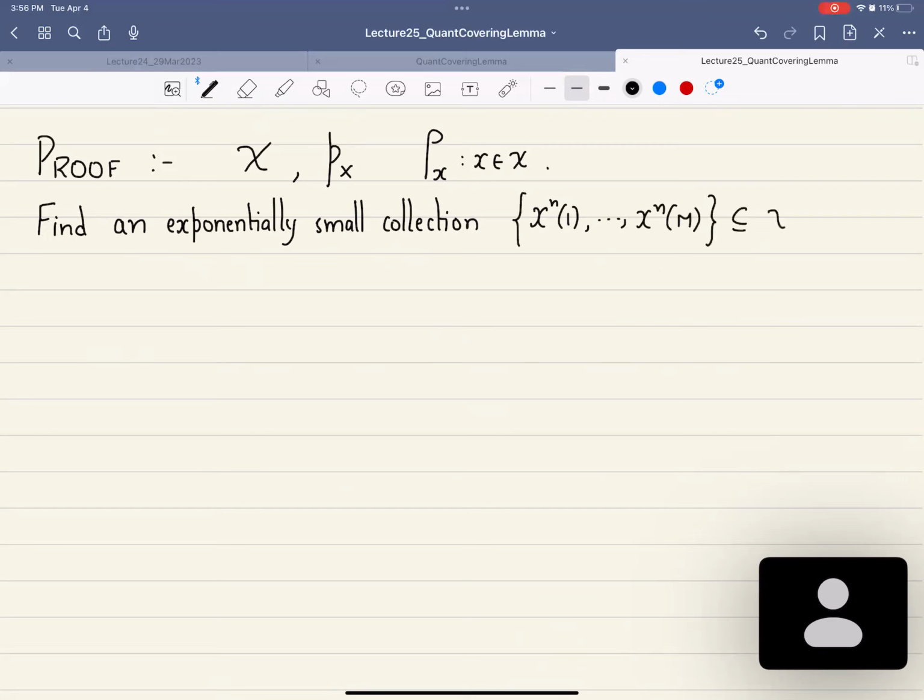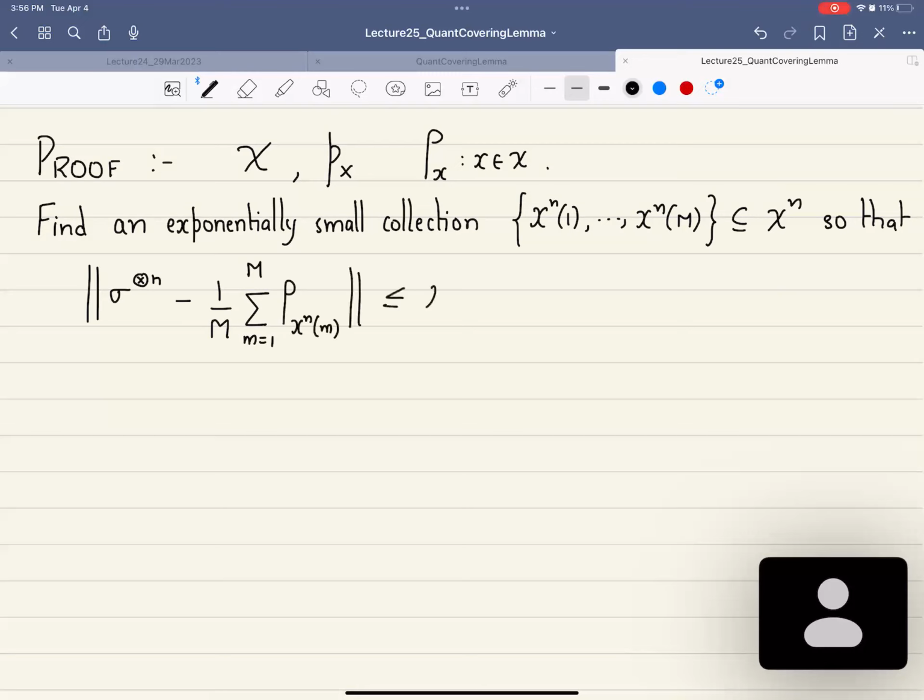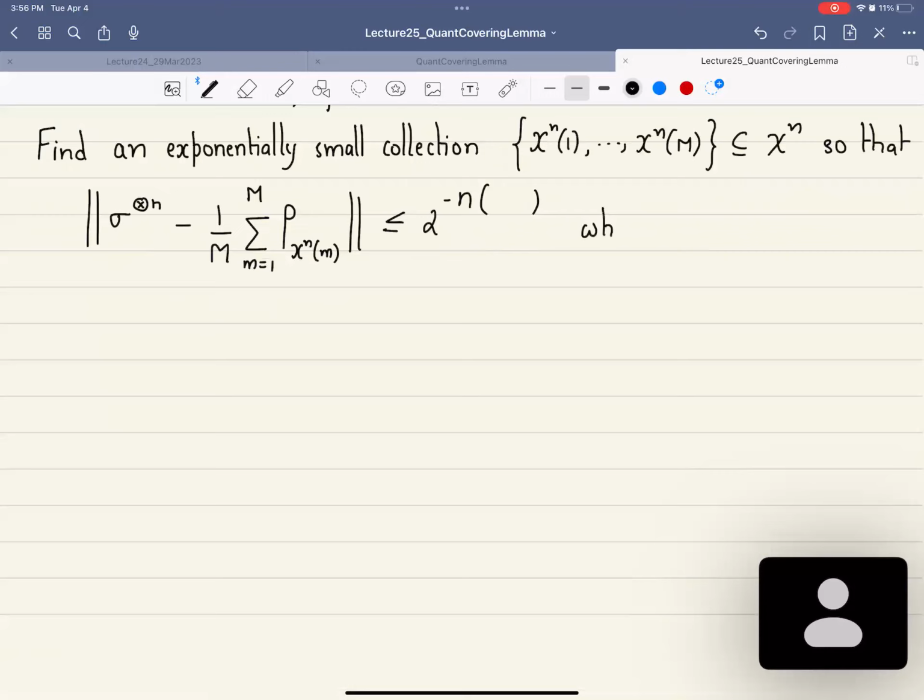These are all subsets of X^n, so that each x^n(m) can be written as a sequence living in X^n, this whole vector.